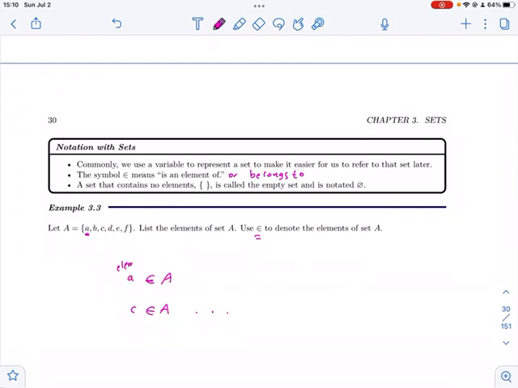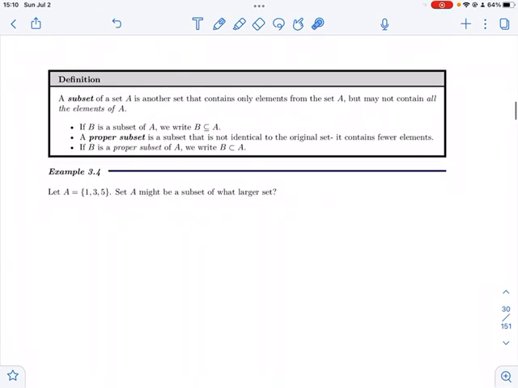Now we have another notation that's used between a set and another set, and this is called subset. A set that's part of another set, we use subset. A subset of a set A is another set that contains only elements from the set A, but may not contain all the elements of A. If B is a subset of A, we write B subset of A. This is the symbol we use in this case.